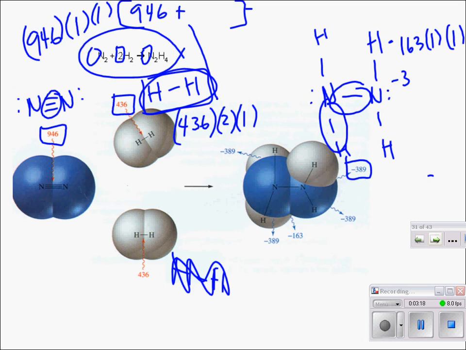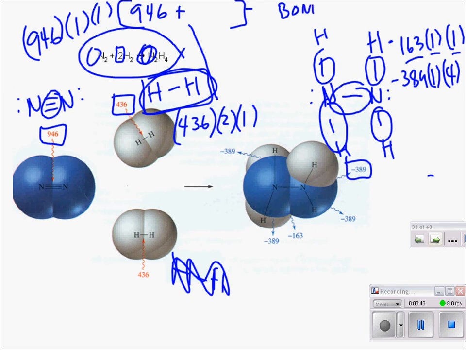The stoichiometric coefficient is 1. How many bonds do I actually see in the molecule? I see 4. So I take 389 times 1 times 4, get that value. 163 times 1 times 1, get that value, and that's my bonds formed. Just by subtracting those two numbers, I get the value for delta H.